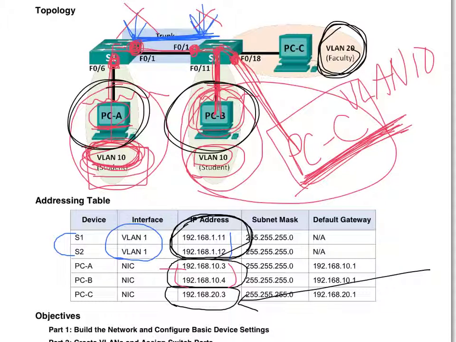Same 192.168.1.11. These workstations cannot telnet into the switch because they're not on that same VLAN. They've got to be on that VLAN, or you'd have to have some routing device to do that, which we learn in Chapter 5. We talk about routing in Chapter 4, and then in Chapter 5 we do the inter-VLAN routing.